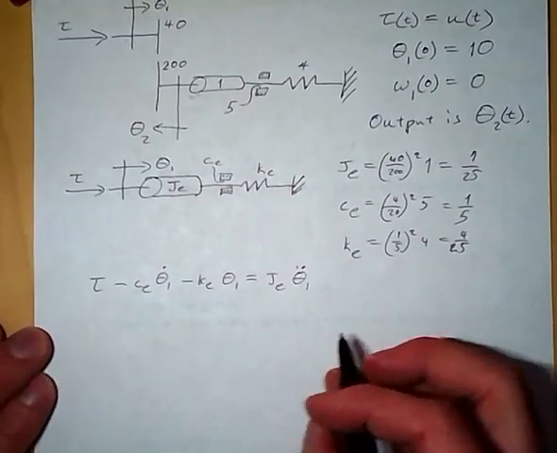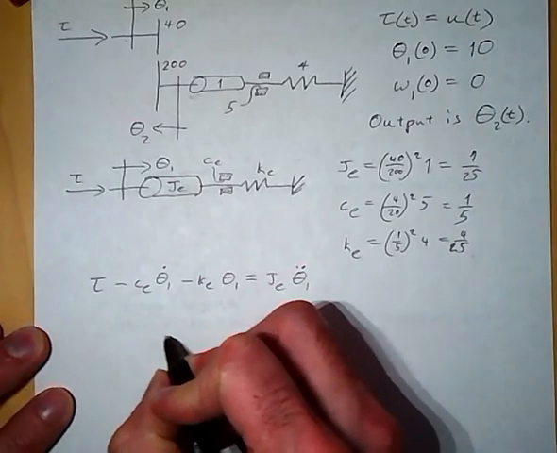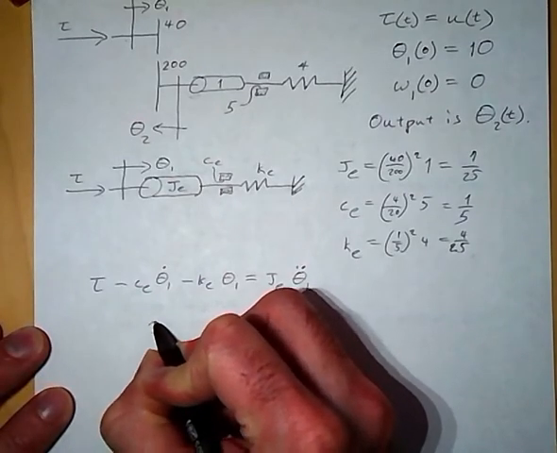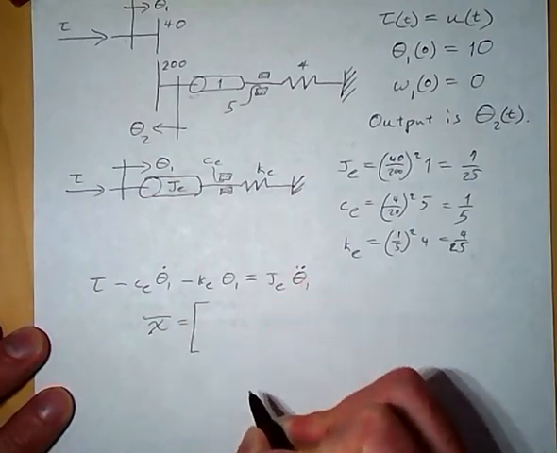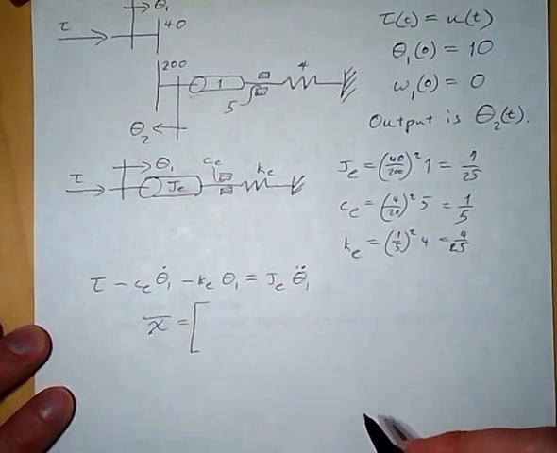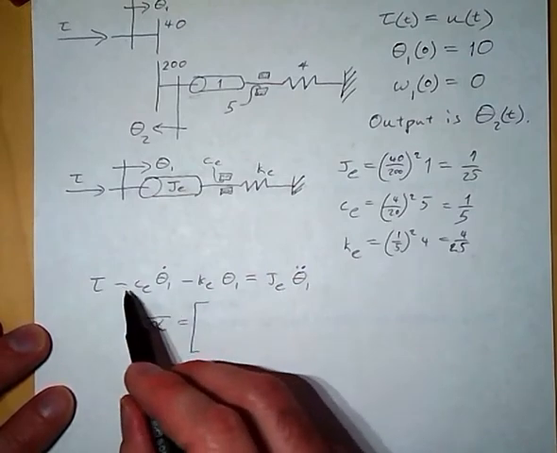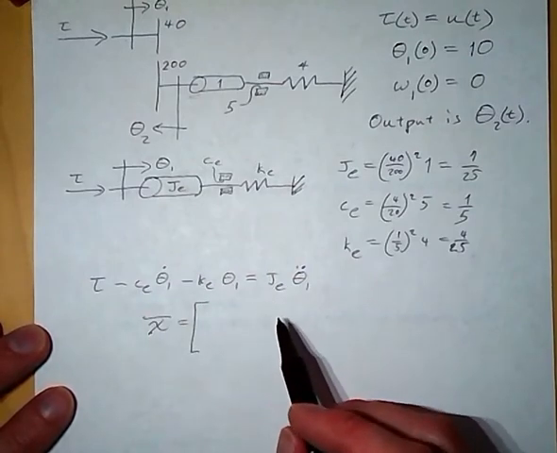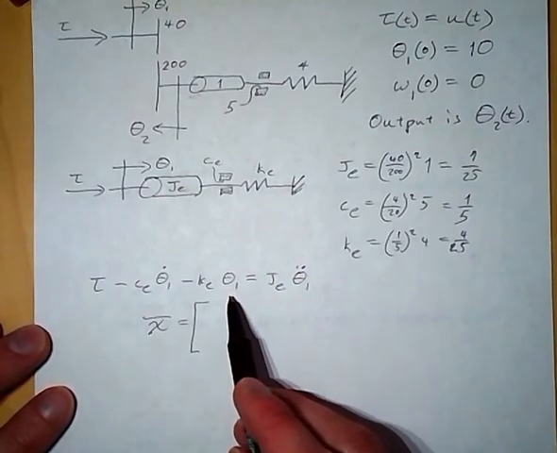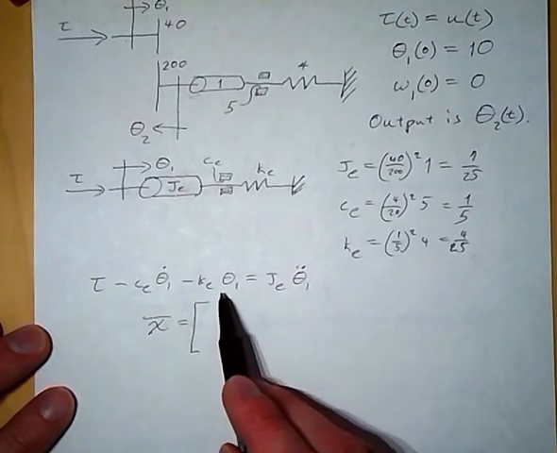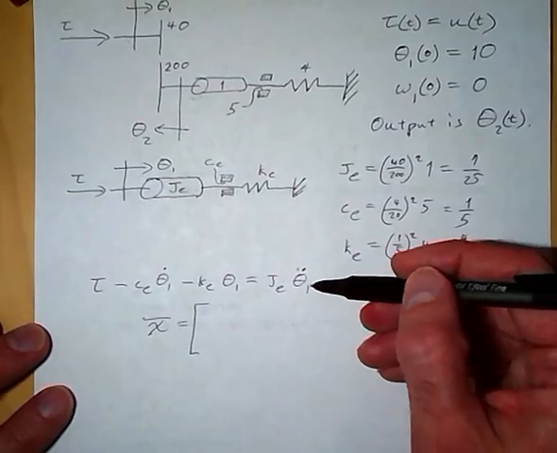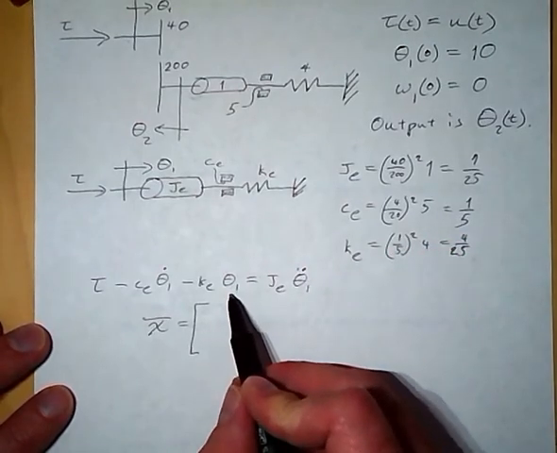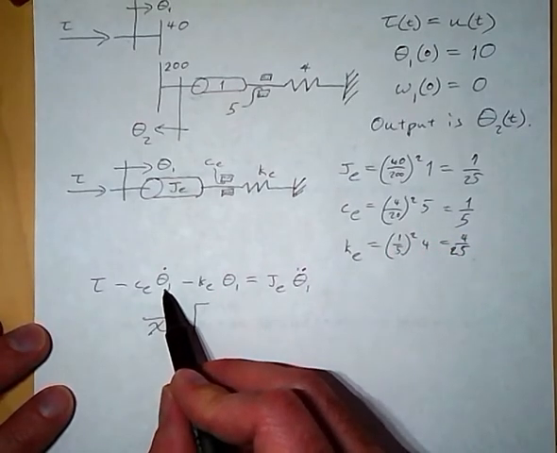Okay, the next task is to choose our state variables. So let's go ahead and write our state vector. This again is just a vector that's made up of the state variables. We call it x, and the bar just indicates a vector. So we'll look at this equation to find out what our state variables are. We're going to pull out the variables in this differential equation that have their time derivatives in the equation also. So we've got this second order differential equation, and we see one variable is theta 1 and its time derivative is there.